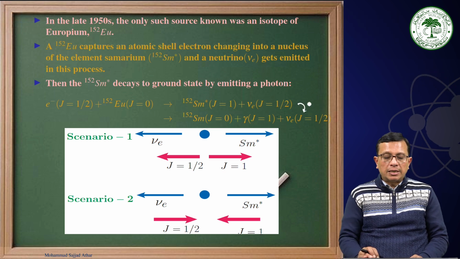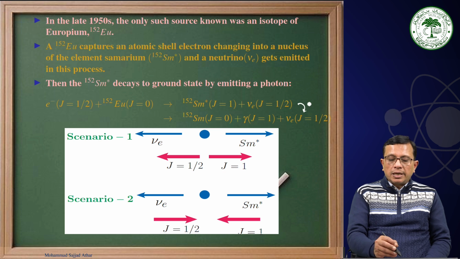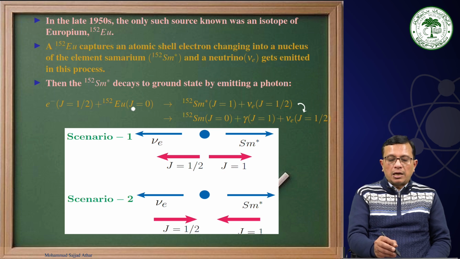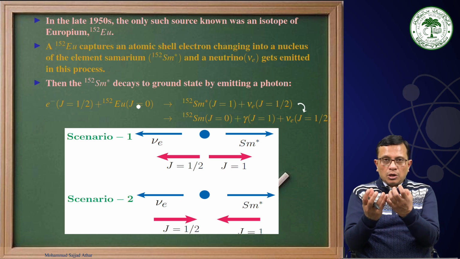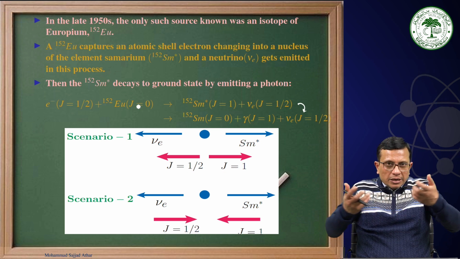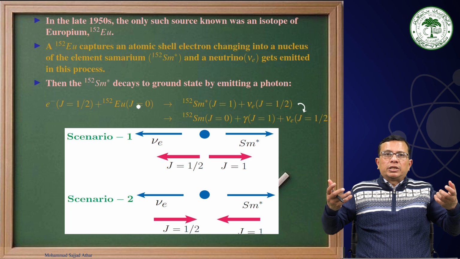Therefore, what you will realize is that when it is getting absorbed, this samarium star and neutrino, to conserve momentum, will go in opposite directions.